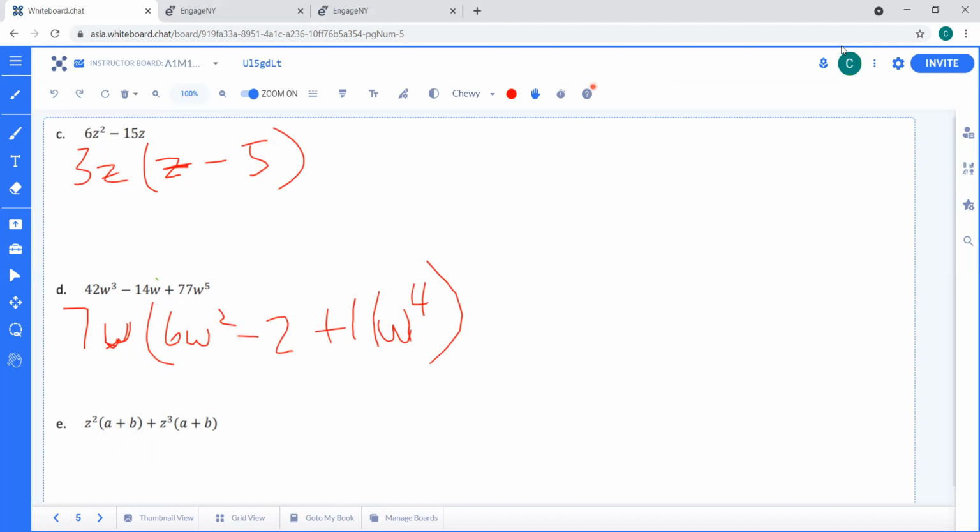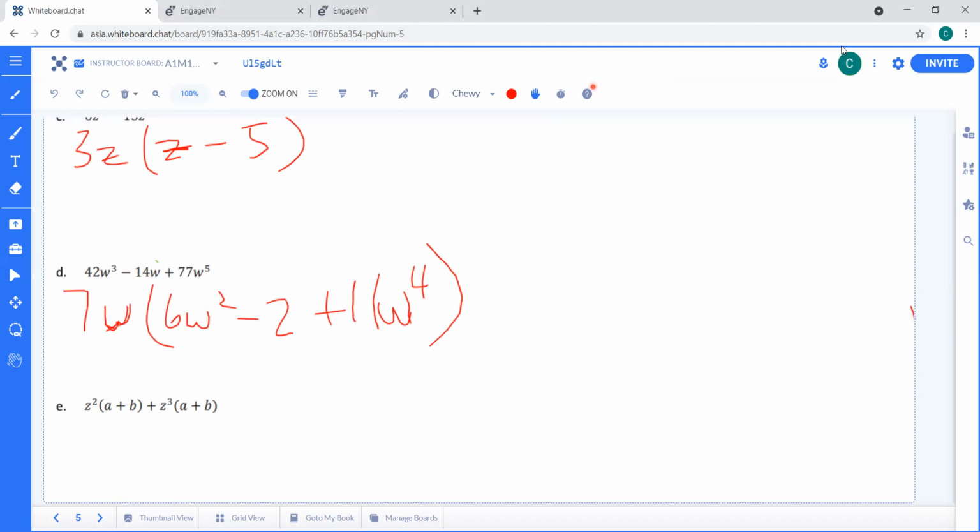Okay, this one's pretty neat. All of them have a z squared, and all of them have an a plus b. So you would say all of that times 1, because that's just that first term, plus z.